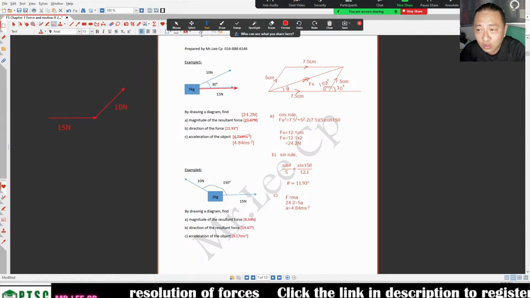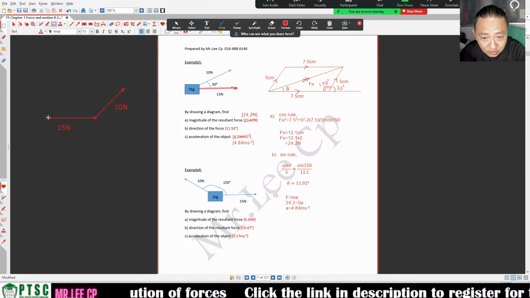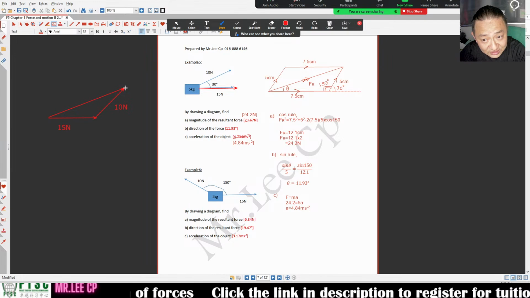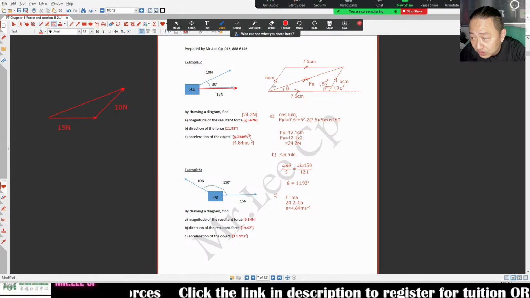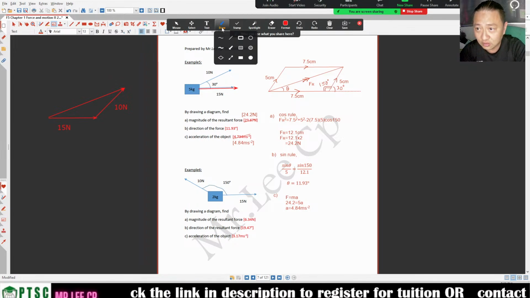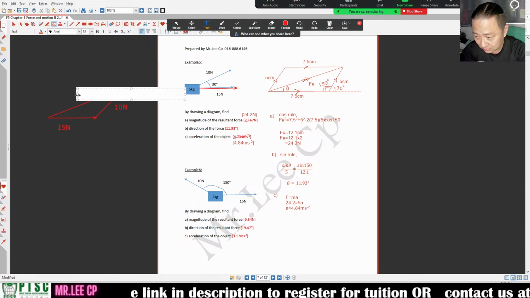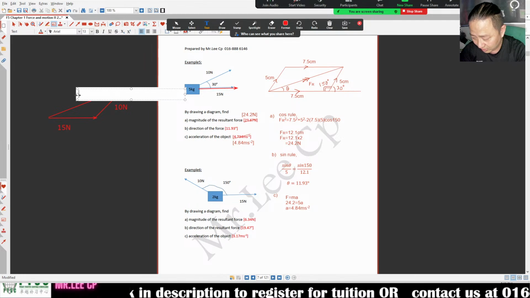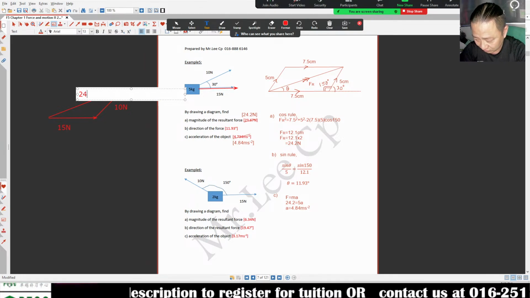Because this is the resultant force, the small triangle gives 24.2 Newton.